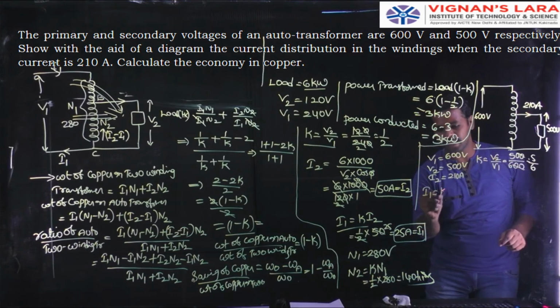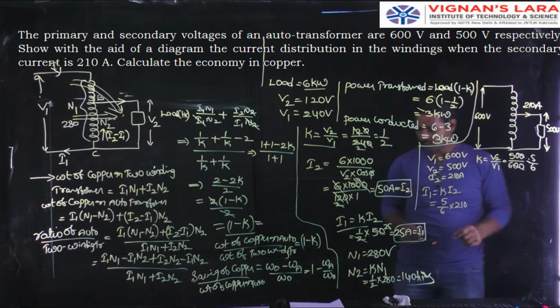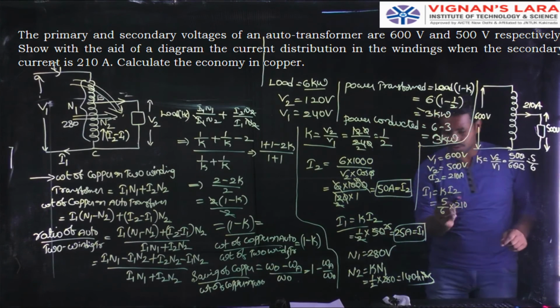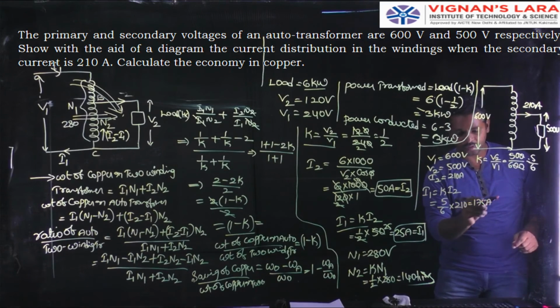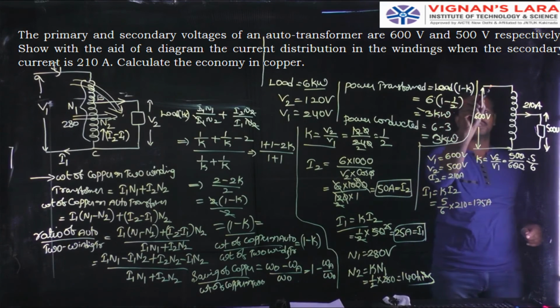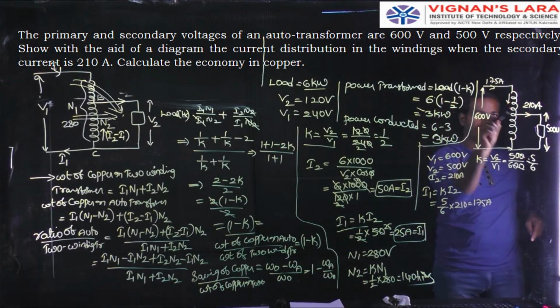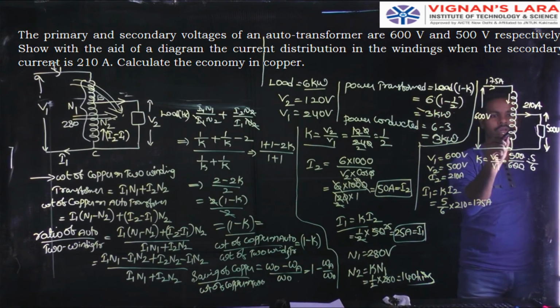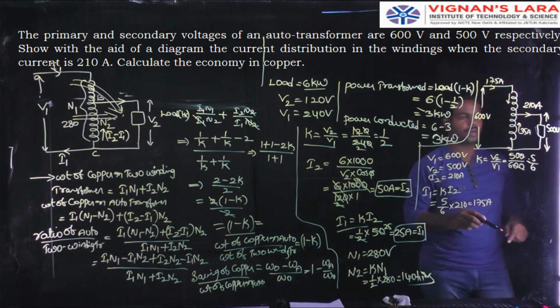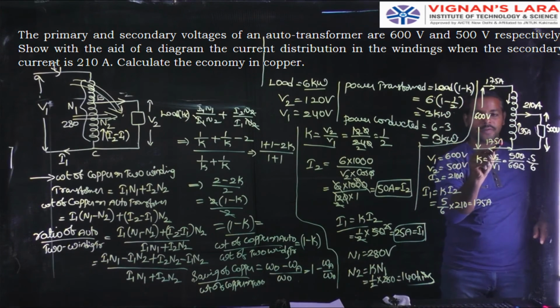I1 is equal to K times I2, which is 5 by 6 multiplied by 210, equal to 175 amperes. 175 amperes is coming from the supply, in this path, but the load current is 210. So the remaining 35 amperes is coming in the downward direction.